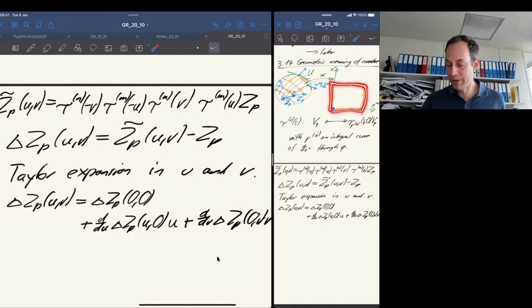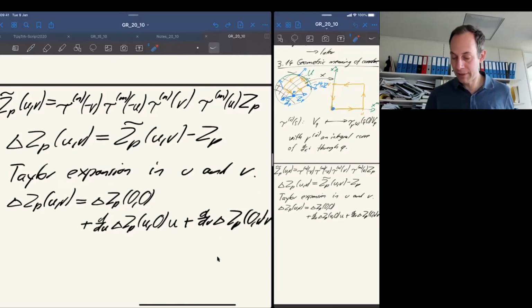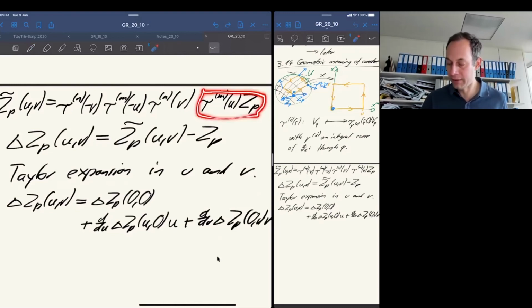And you see what the loop does? It's really taking a vector first around this loop. And if I now apply, for example, this T mu, I'm guaranteed that this vector here, the one after applying the first tau, is a vector in the tangent space corresponding to the point I mark here.